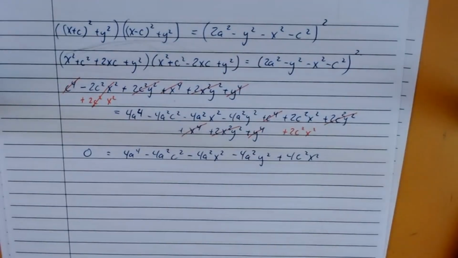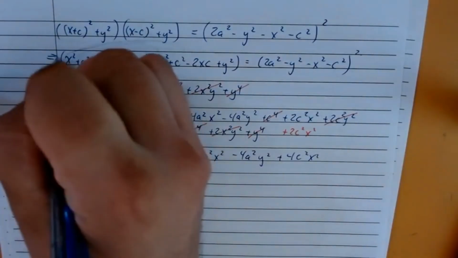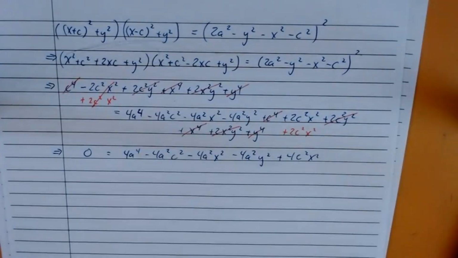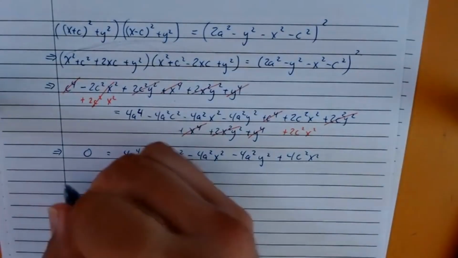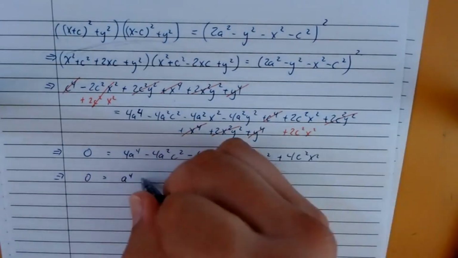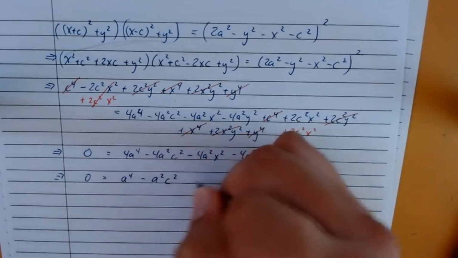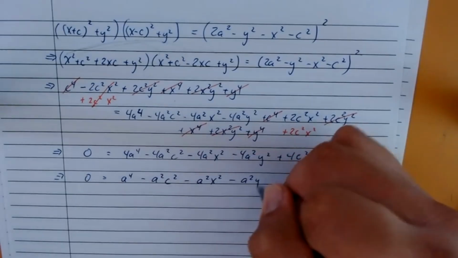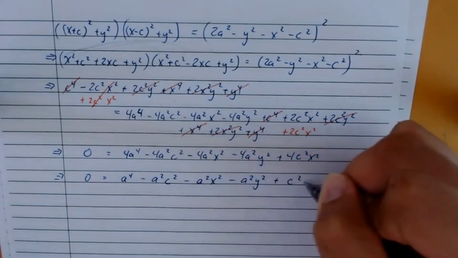Notice that there's a bunch of 4's now, which means I can simply divide both sides by 4. If I divide 0 by 4, it still stays 0. If I divide this side by 4, I just get a to the fourth minus a squared c squared minus a squared x squared minus a squared y squared plus c squared x squared.